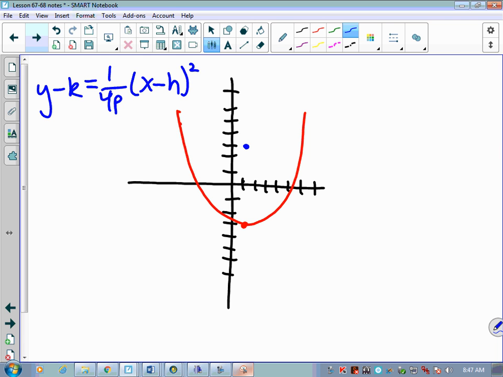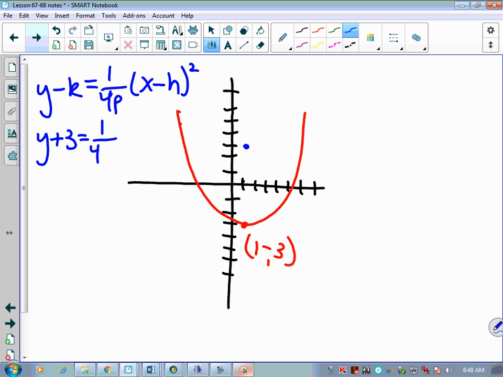So our vertex, let's get our equation for our vertex out here again. It was 1, negative 3. Well, remember, x is h, y is k. So we should have y what? y plus 3 equals 1 over 4 times the distance between my vertex and my focus.